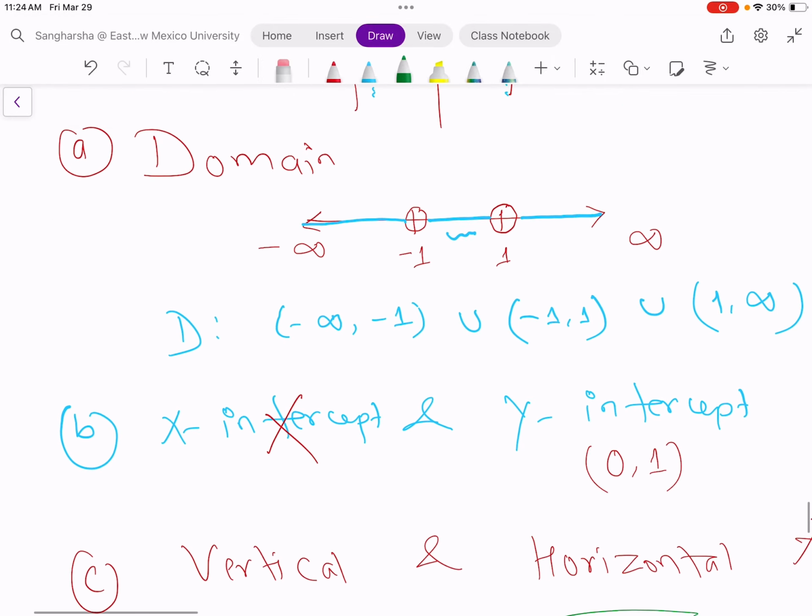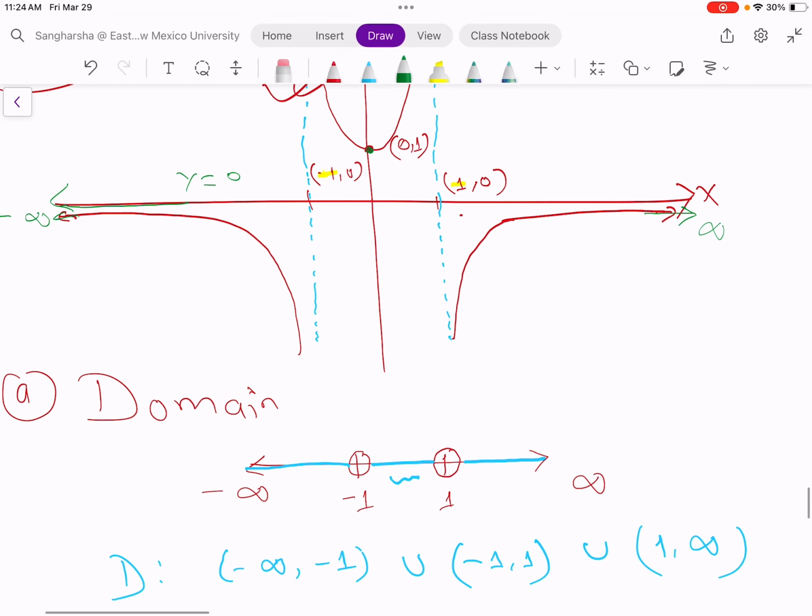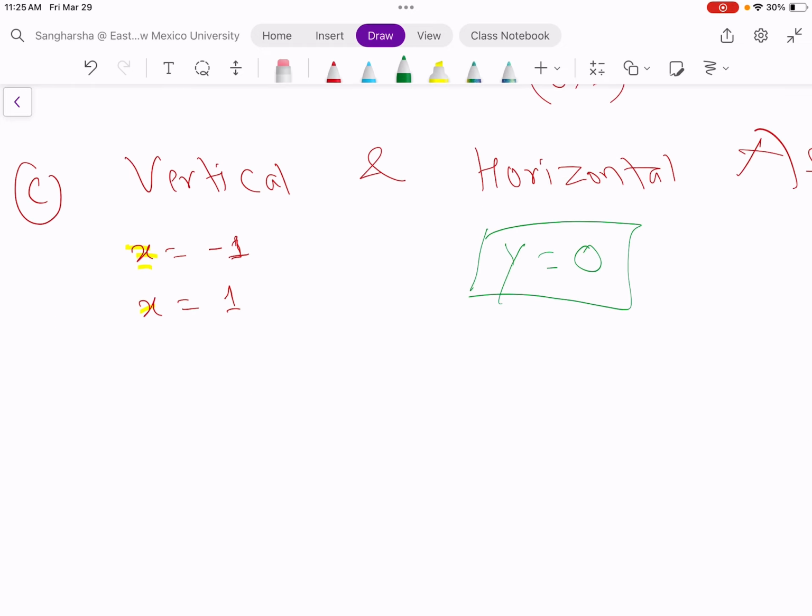Finding the horizontal asymptote means when you choose your input to be very large or very small, if the graph is very close to some number, like here on the right side where the function is very close to this line with y coordinate 0, then the output is very close to 0, and y equals 0 is the horizontal asymptote. A horizontal asymptote is a horizontal line, so you must write y equals the number where the function is close.